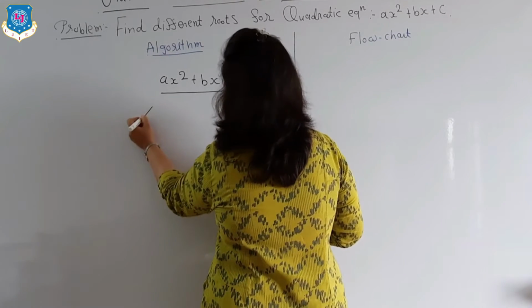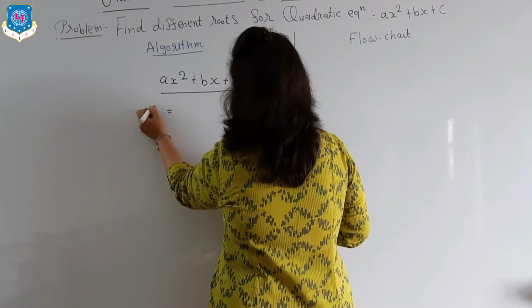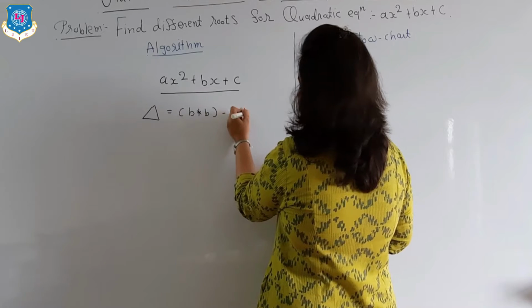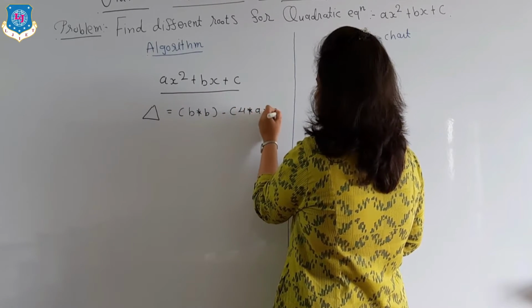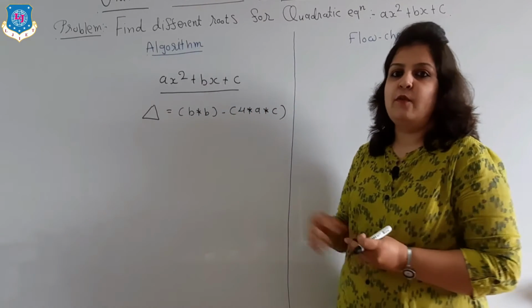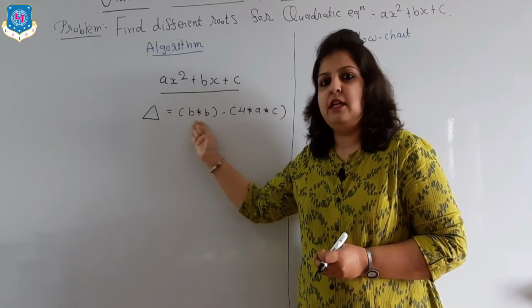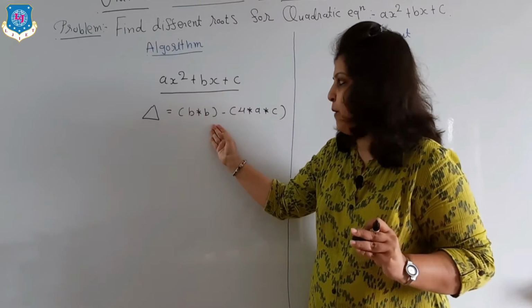The formula is d is equal to b square minus 4 into a into c, b square minus 4ac. Here instead of b square I am writing b into b, that is similar to b square.